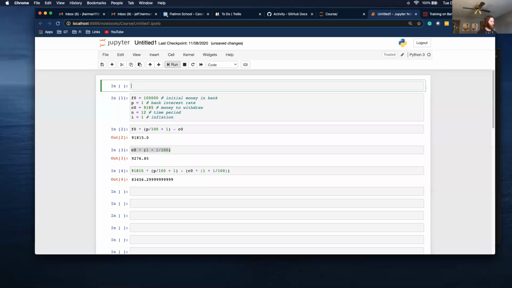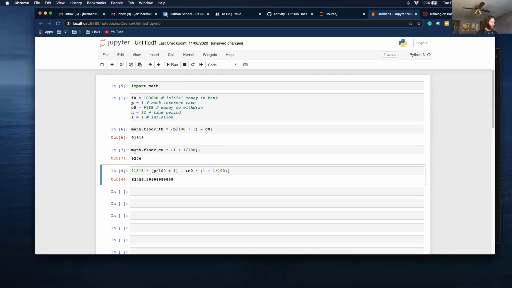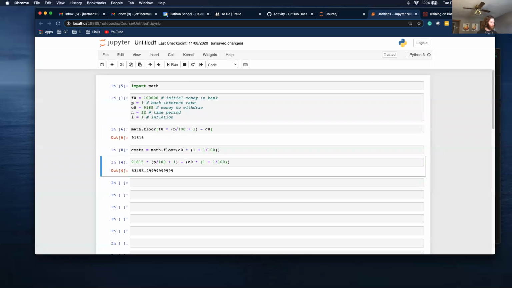So I'm going to import a library, import math, and use math.floor. I'm going to save this as a variable, costs, and do math.floor on this as well. I think I need to do it every single time.